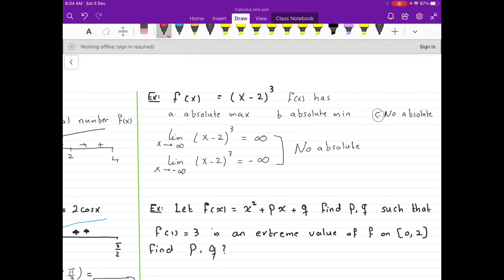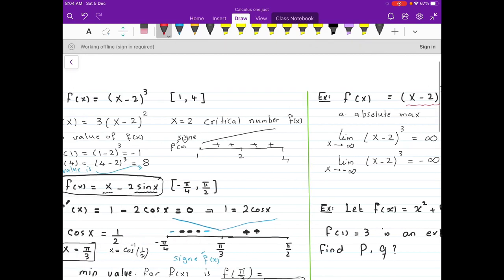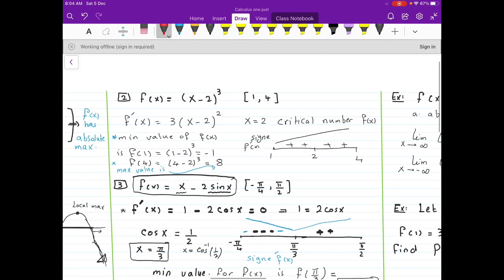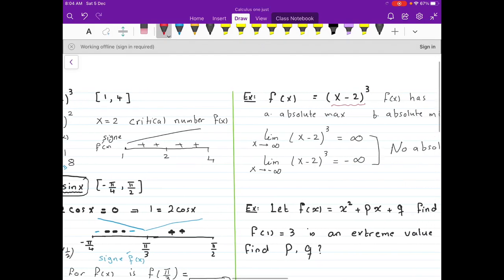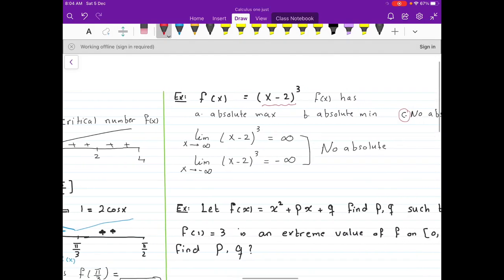So without solving or differentiating, if we have a polynomial or a function continuous on R, we can conclude whether it has an absolute max or minimum. But when we defined this function in example 2 on a closed interval, it has an absolute max and absolute minimum. And if you find f prime, this function is always increasing. It has a critical point, but at this critical point there is no max and no minimum.